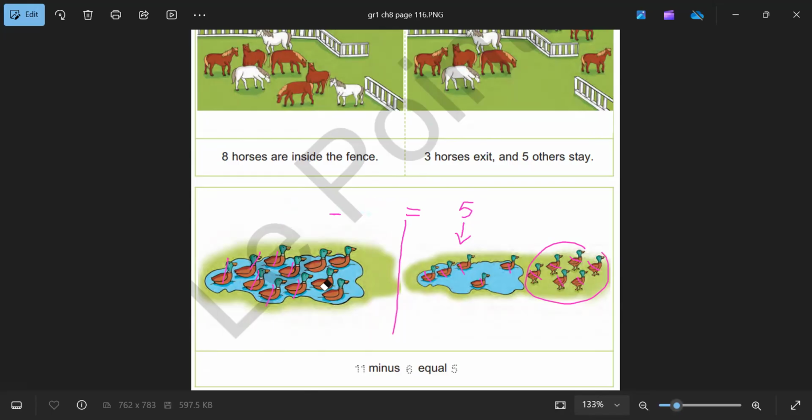Let's move to page 117. Okay, yalla, get ready because we have to do it together. Let me share it.